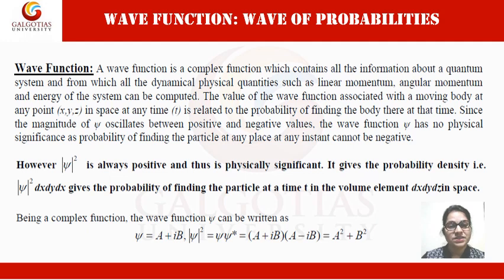So the wave function psi has no physical significance, but mod psi square represents the probability of finding the material particle in space. We get a positive quantity, and that shows how much is the probability of finding the particle in a particular space at a particular time.